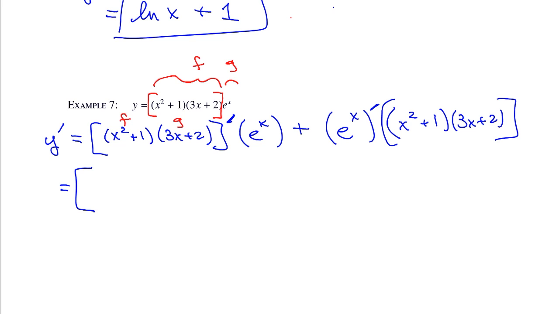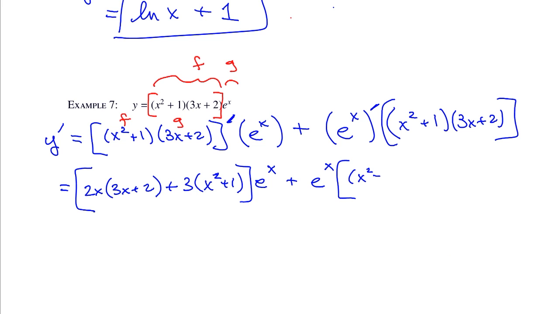The derivative of f is 2x times the g unchanged plus the derivative of g, which is 3, times the f unchanged. And that is just the derivative of this first part right there. Times e to the x unchanged plus the derivative of e to the x, which is e to the x, times x squared plus 1 times 3x plus 2 unchanged.